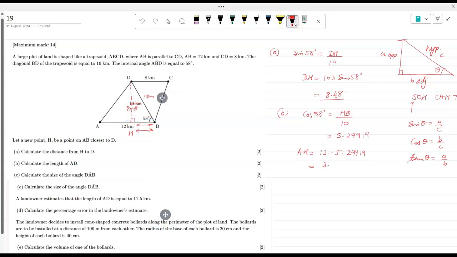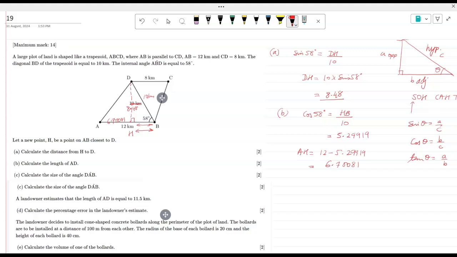So it comes to 6.70081. Let's leave it this way only. So now that's always my hypotenuse. Yeah, you can find only AD.